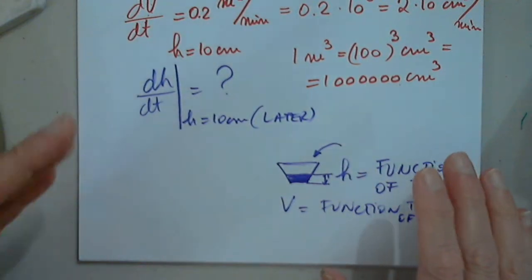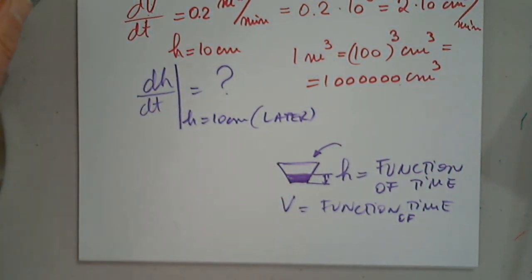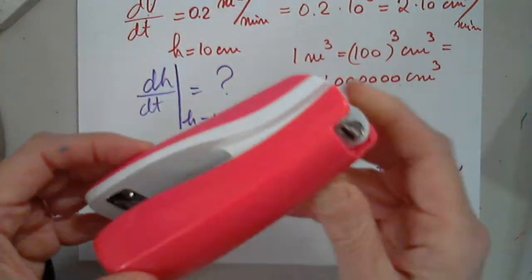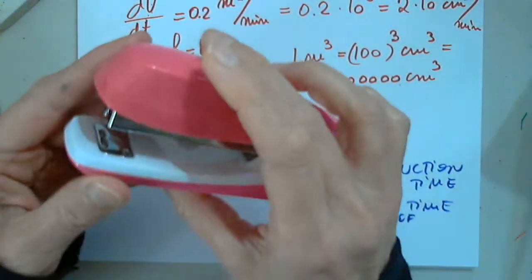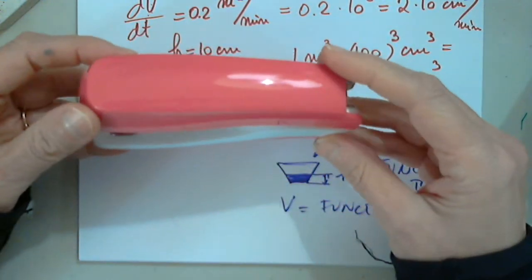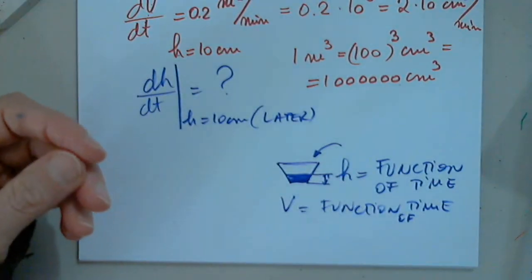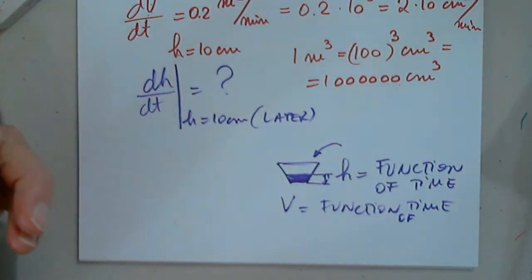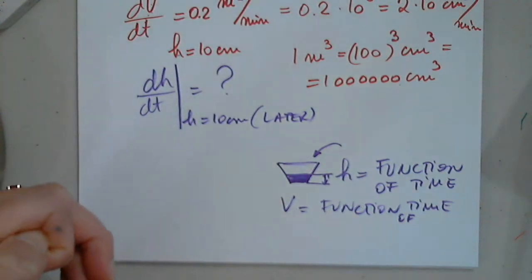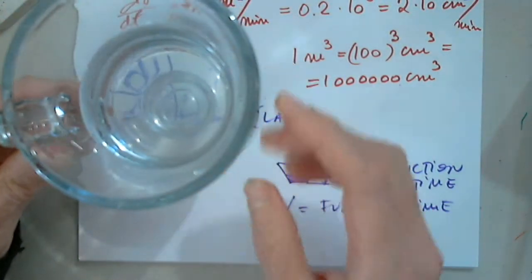So now I am trying to find something to show you. This doesn't look like a trough at all, but I am filling this with water. I have a cup here, but I can't turn it. So here's my cup of water.